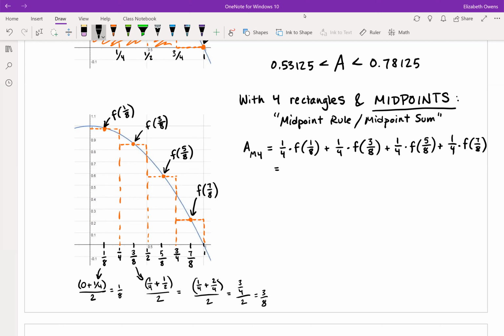Now, with this particular function, you can find the values by hand, or you can just put it in the calculator, either way. Just to kind of demonstrate, I will put the function values in here for you. That way you know that we're still just using f of x equals 1 minus x squared. So they're all over 64 in this case.